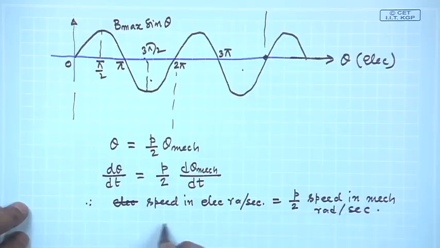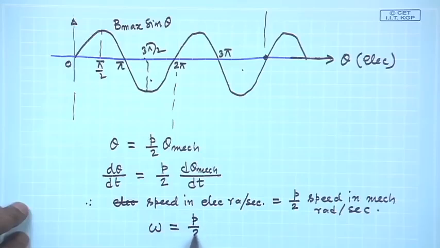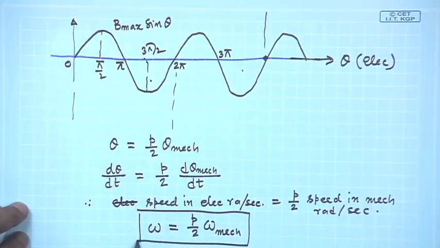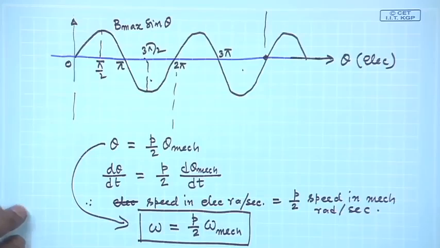In other words, this omega, in electrical without any suffix, will be equal to P by 2 omega mechanical. This just comes from this. So, electrical speed is always greater than mechanical speed of the machine. Okay.